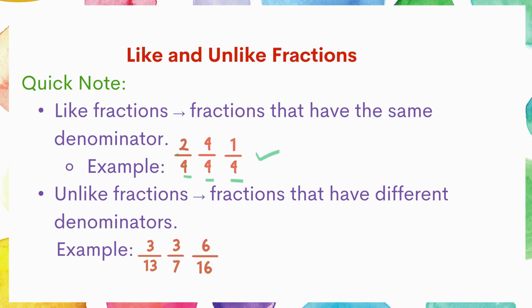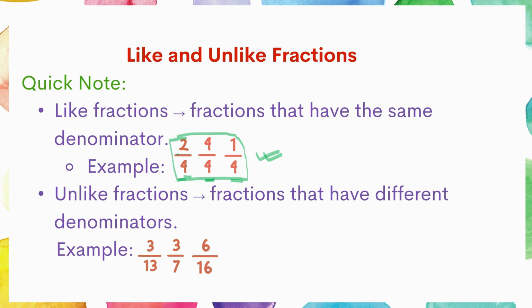It's like the same family members. You have the same papa name, my papa is also the same, which means all these are brothers and sisters living in the same family, so they are like fractions.